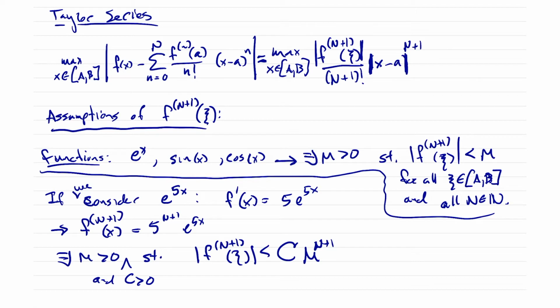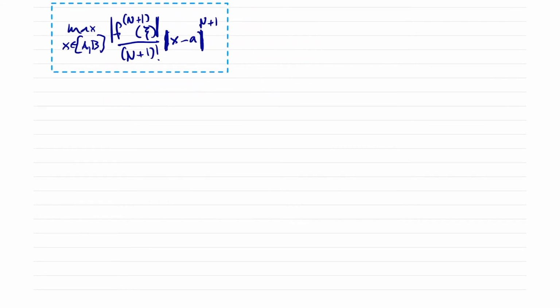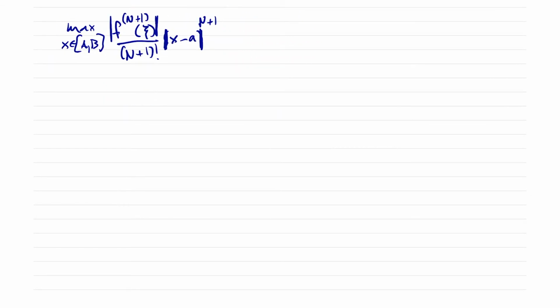Okay, so for these cases, let's just talk about exactly what we get from the Big O notation then. This is the upper bound on our quantity, so I'm just going to copy that, and let's go to the next page. Okay. So we're going to assume that there exists a c and m greater than 0 such that the n plus first derivative of f at x is less than or equal to c times m to the n.